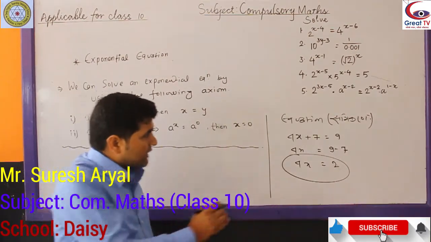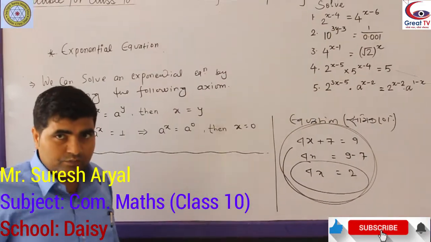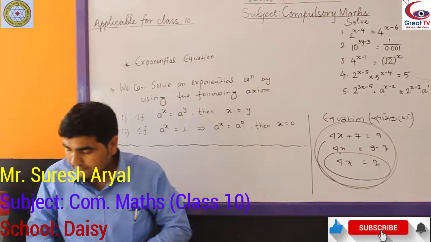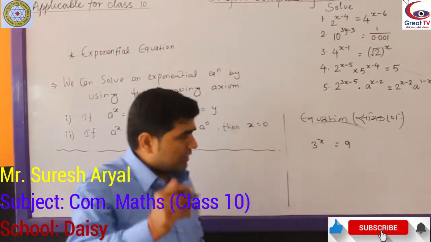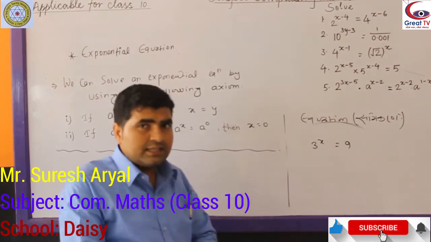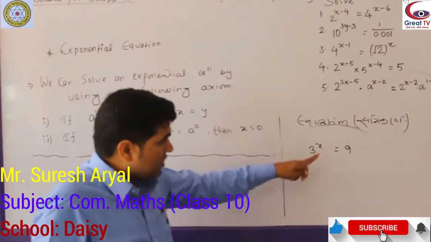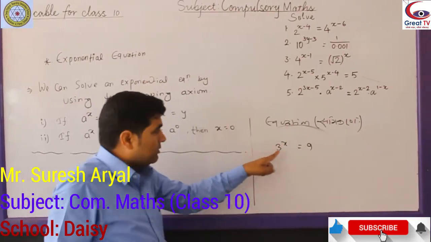So first, please be confident about the definition of equation. Now I enter this topic, exponential equation. Let's take another example, 3^x = 9. This is an exponential equation because the unknown variable x is the power, the exponent of the base 3.